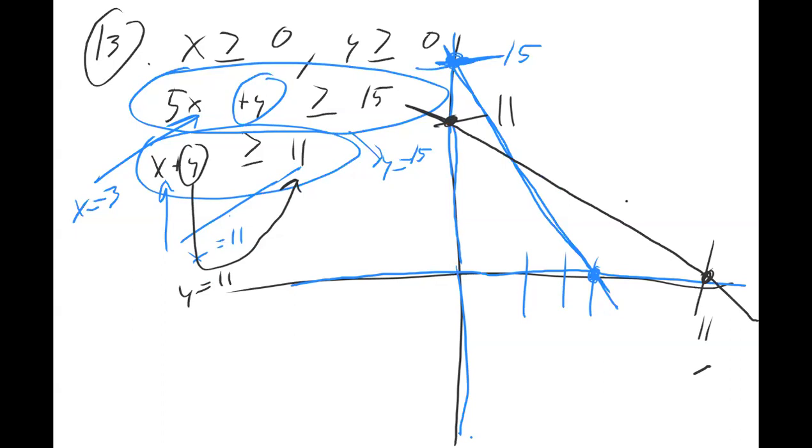See that? Now you'll be able to see this on the computer more clearly. Now also, by the way, you have to shade the area towards the right of x is greater than or equal to 0. So that would be this way, right?